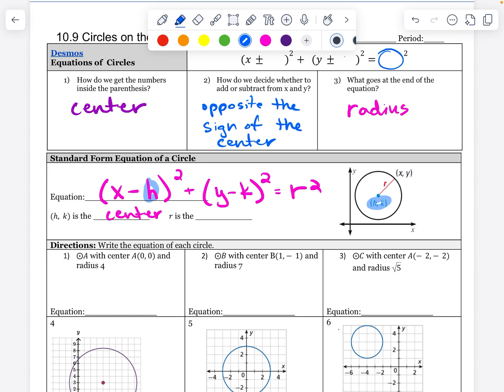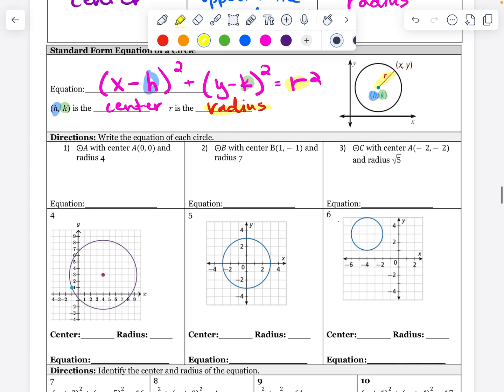So h, that is the x value of the center of the circle. k, that's the y value for the center of the circle. And then r is my radius. That's something we already know. We are not going to struggle with that one because we are so smart. Radius.